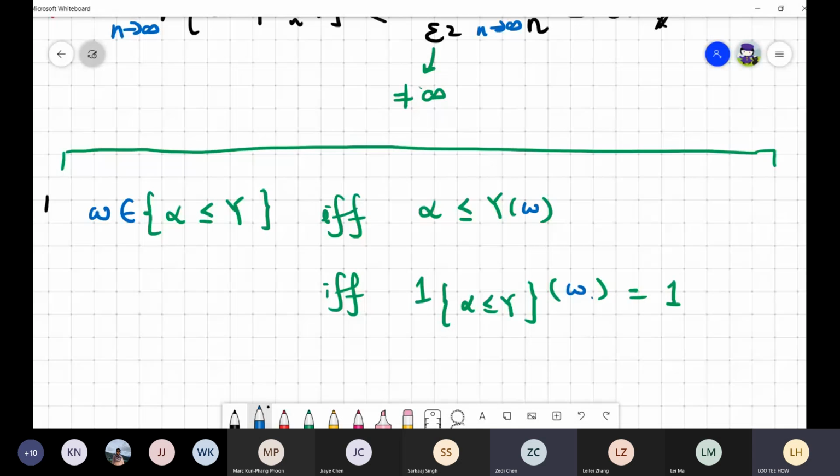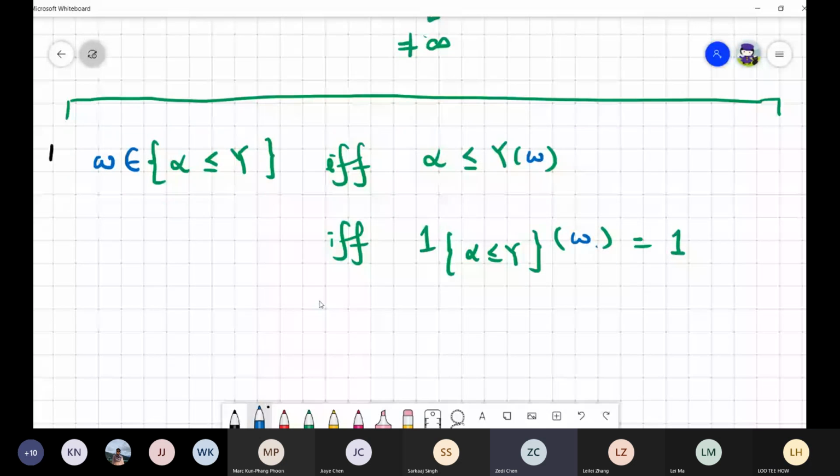Okay, now if you combine these two, let's say this is 1 and this is 2, you are combining 1 and 2.